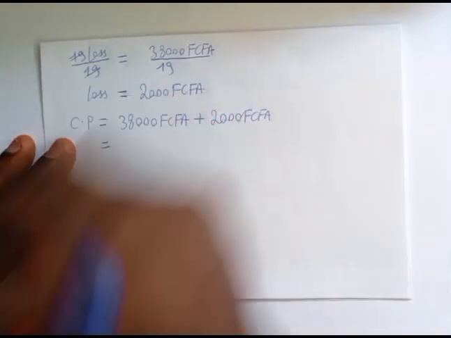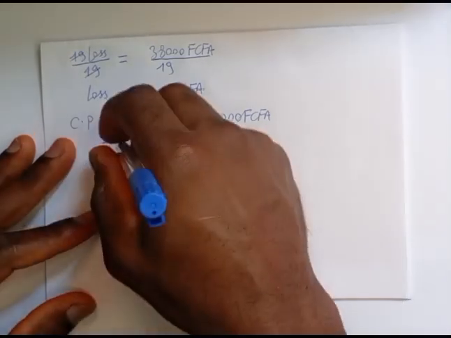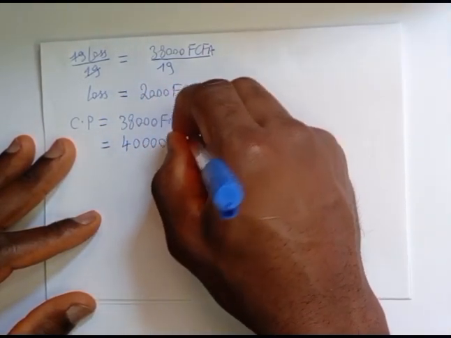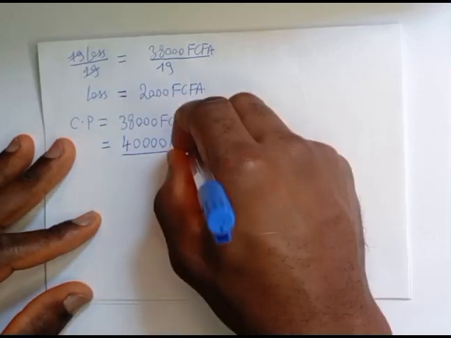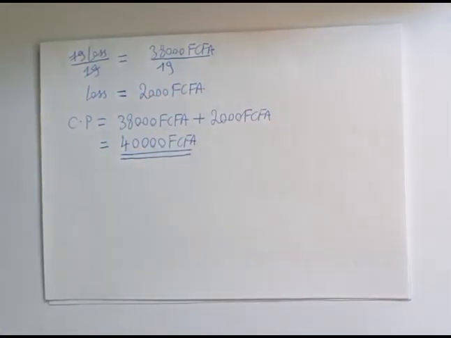And this will simply be equal to 40,000 francs CFA. So this is the cost price of the article for which, when sold, a percentage loss of 5% is made.